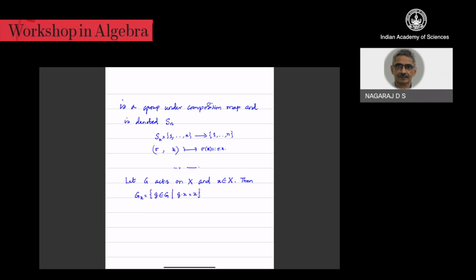This Gx is a subgroup of G, easy to verify, and is called the stabilizer of x in G under the action of G on X. Okay, this is one thing.